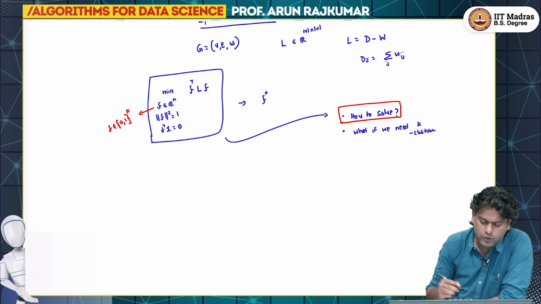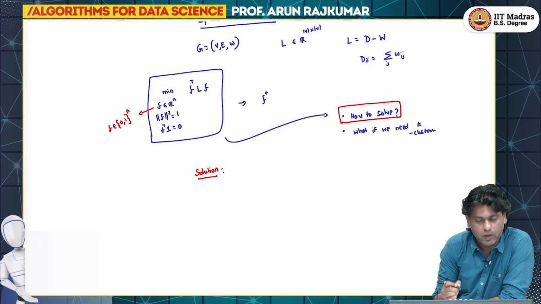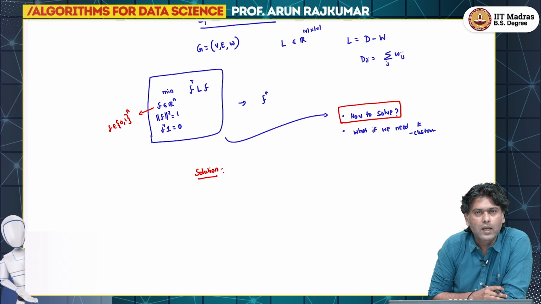In fact, the solution to this is something that many of you might already know, especially if you have taken the MLT course and you have seen quadratic forms and so on.